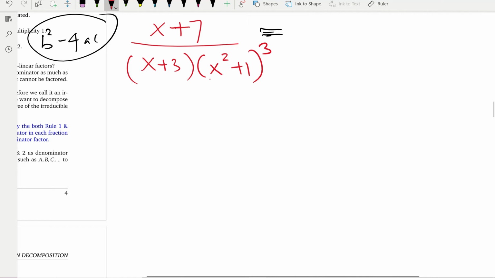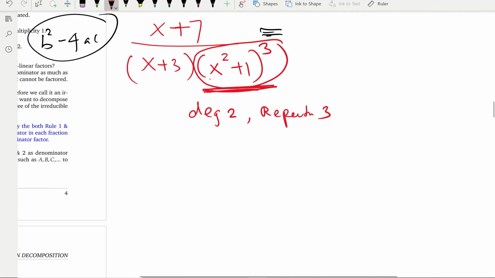Same thing again, just like we learned in the previous video. How should you read this? What is the degree here? You have a degree 2 factor repeated 3 times, okay? Repeated 3 times. That is how you should read this term. It's not degree 6, don't read it as a degree 6 polynomial.